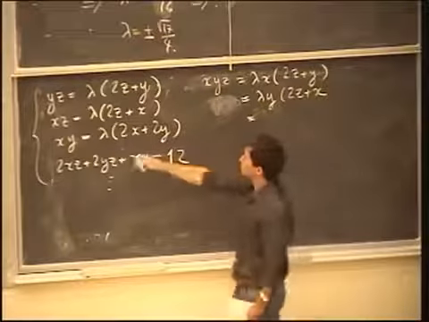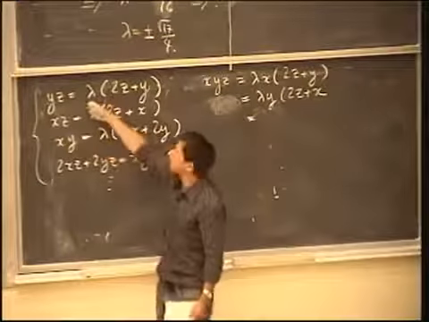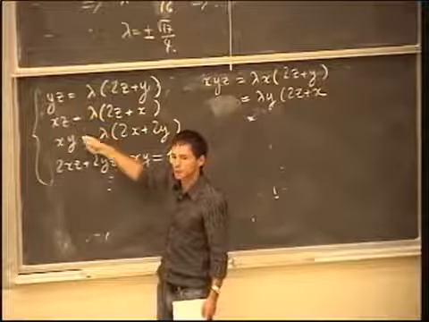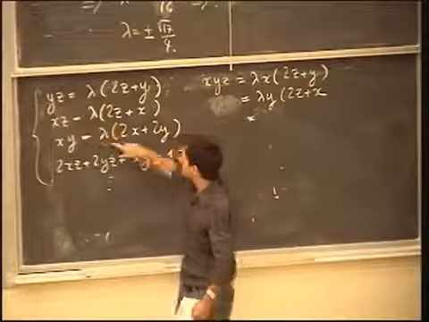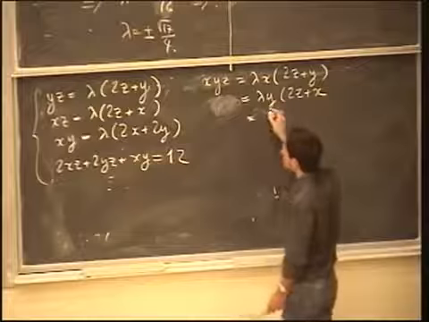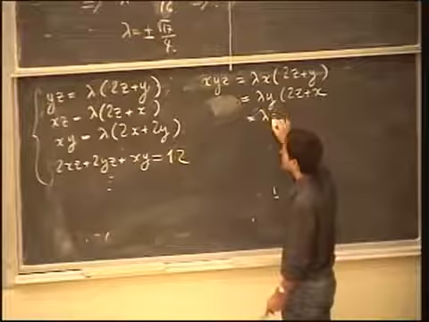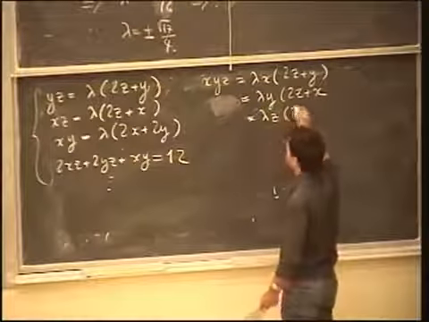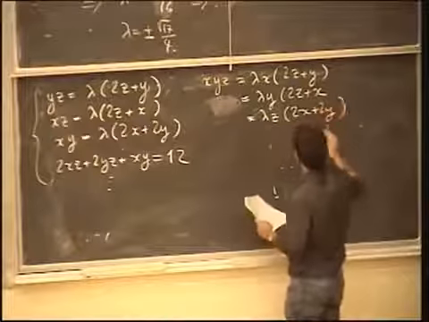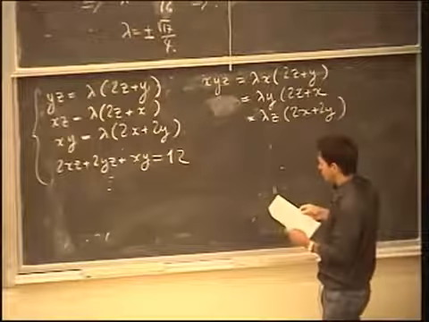So this line I multiply by x, this line I multiply by y, and this line I multiply by z. The left-hand side is the same, but on the right-hand side I get different formulas. Here I get lambda z times (2x plus 2y).